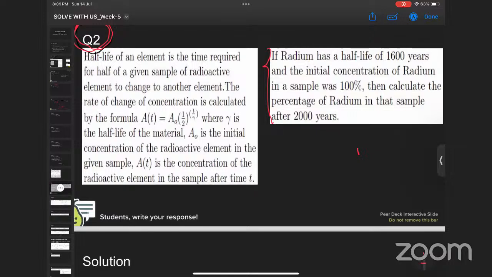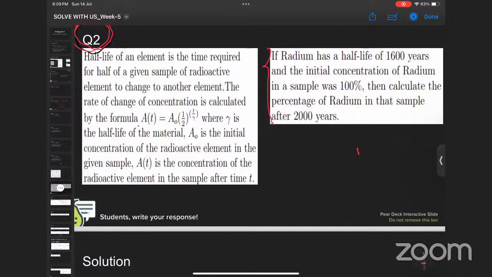So we have two options, 57.4 and 142%. Okay, let's see which one is correct.